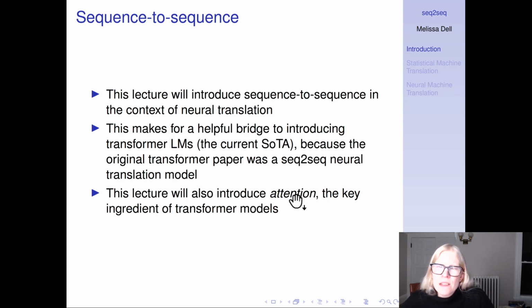First of all, because it's going to provide a bridge to introducing transformer language models, because the original transformer paper was a sequence-to-sequence neural translation model, and also because it will allow us to introduce attention, which to the best of my knowledge was first developed in the context of neural translation, and attention is going to be the key ingredient of transformer models, both in language and vision.